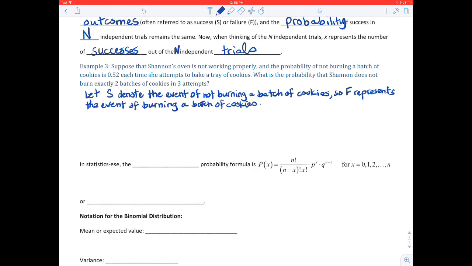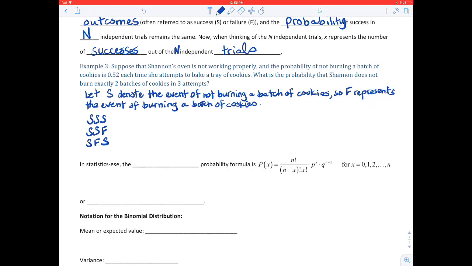If we listed out our possible samples, you could have success, success, success; success, success, failure; success, failure, success.